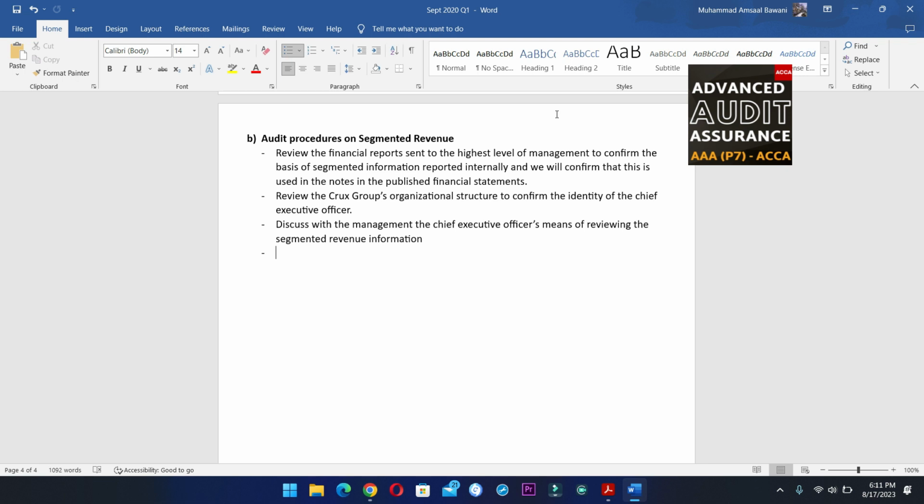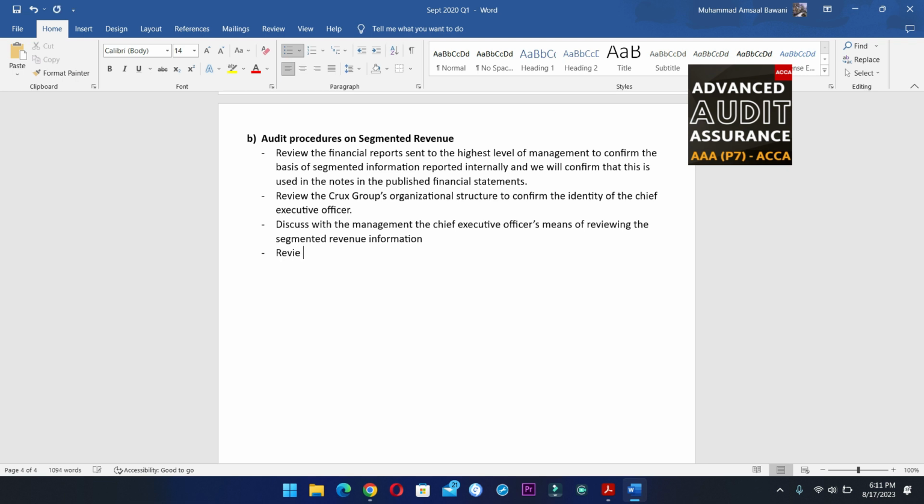Now one more thing we can make is reviewing the board minutes to confirm that the segmented information is disclosed to the board, or is monitored by the board.